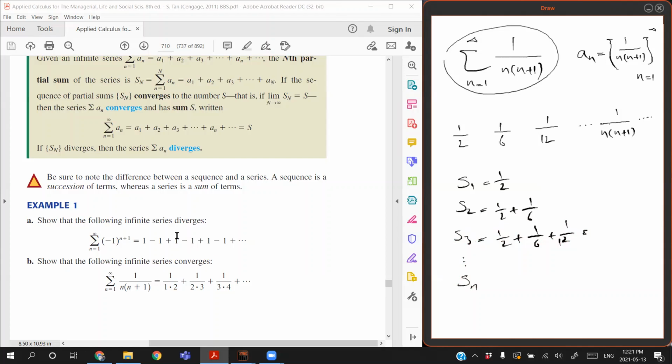Or let's just use the notation that we have in the book, uppercase N. I wouldn't be able to find a formula for S_N and then take the limit of S_N as N approaches infinity, not using this method.